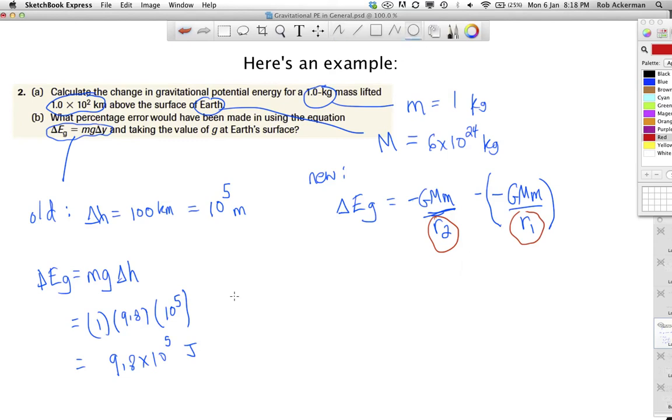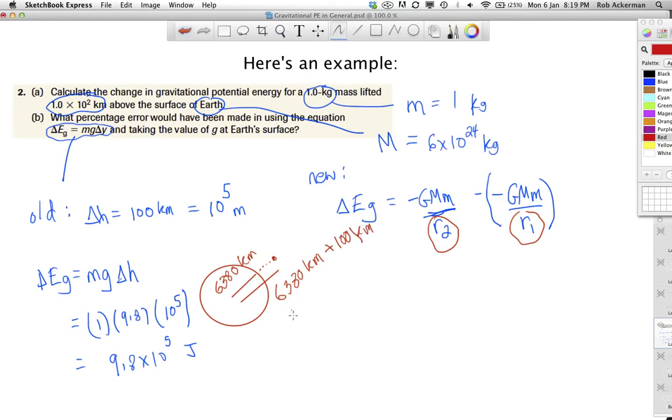So if you try to imagine that what we're basically doing is going from the surface of Earth, which has a radius of something like 6,380 kilometers, they say in your textbook, and we're going up, up, up a little bit higher to a final position, which from the center is now 6,380 kilometers plus the 100 kilometers that we raised this object.